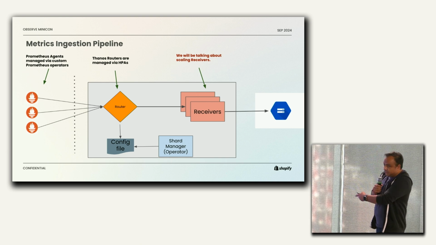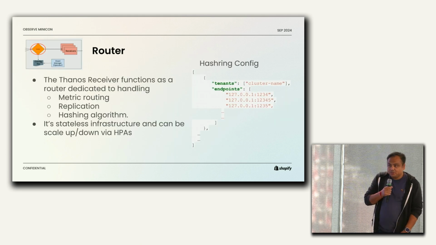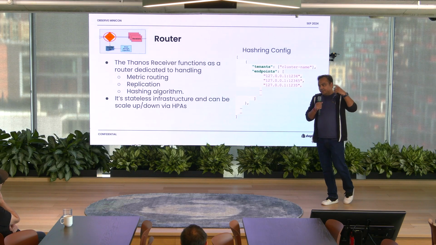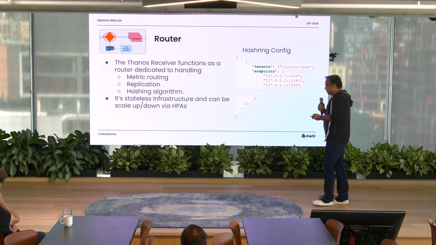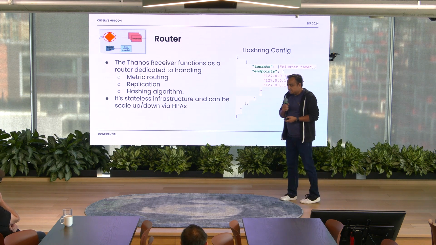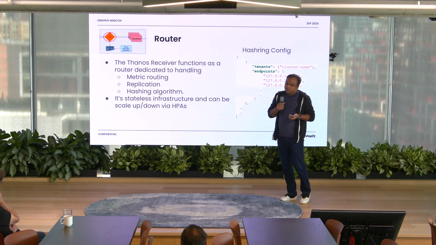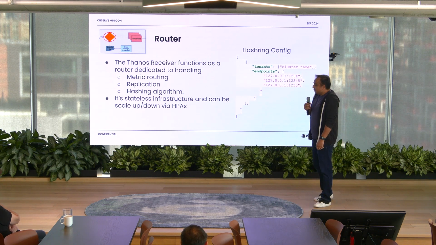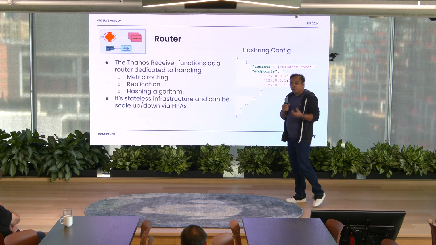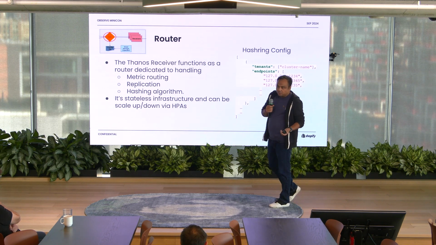Everything after that, Philip has already covered. Before I go into receivers, I want to give a little bit of background about each of those components. So the router is nothing but the receiver image. If you look inside the code, the only thing it does, as the name implies, is routing metrics, replication, and a hashing algorithm.